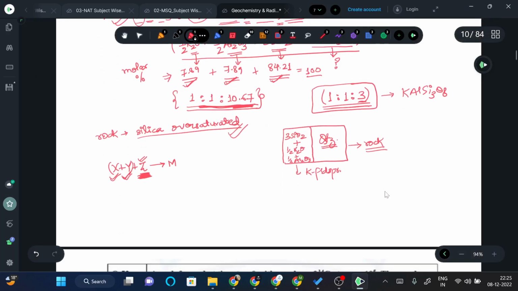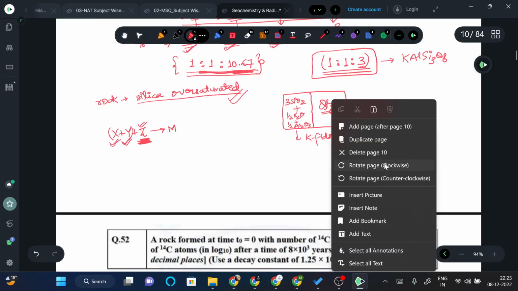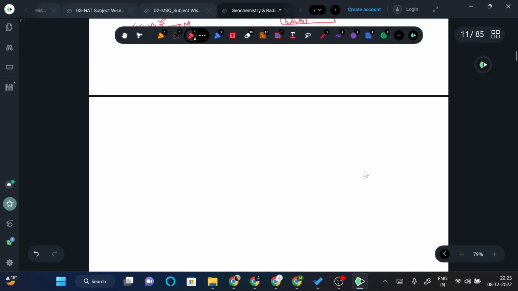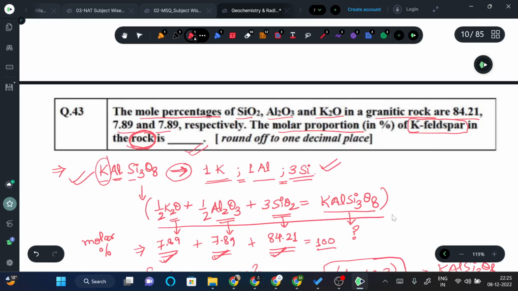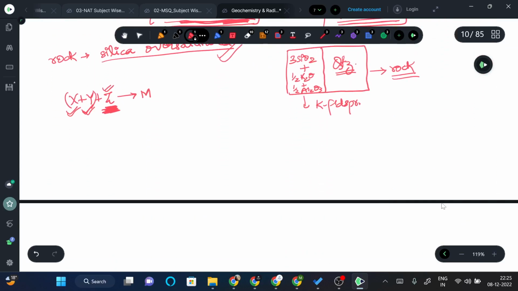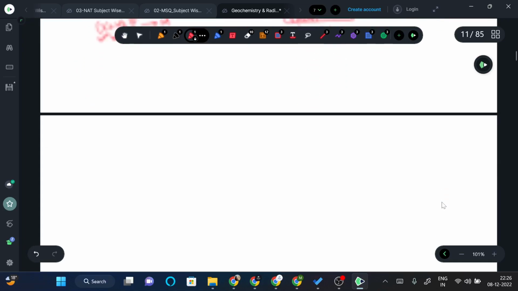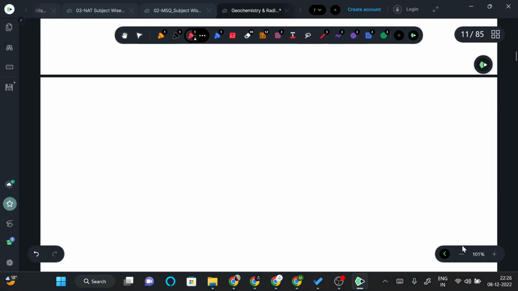Okay, so what the question is asking? The question is asking about molar proportion in percentage of K feldspar in the rock. So firstly, let us try to understand what it is asking. It is asking mole percentage of K feldspar in the rock, basically. So what will be mole percentage of K feldspar?